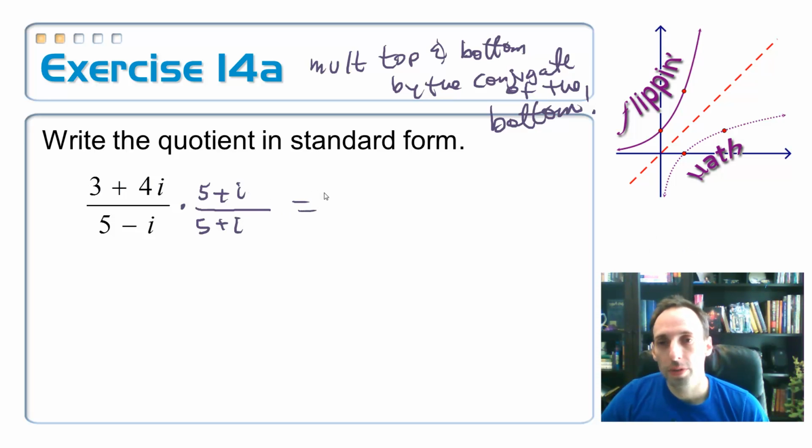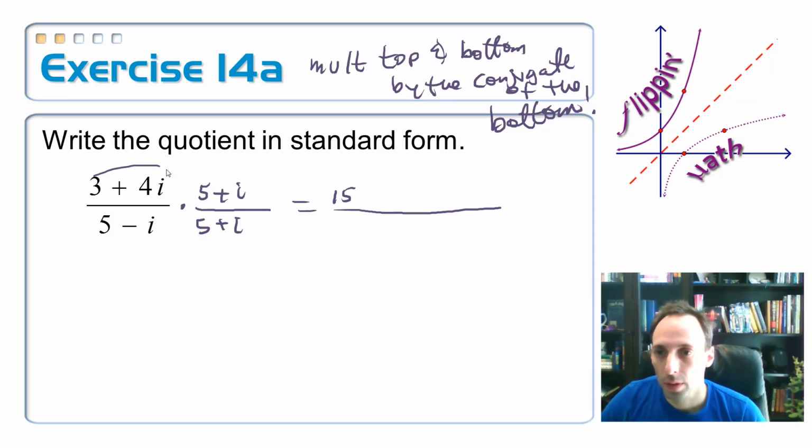So across the top it's just foiling. So 3 times 5, 15. 3 times i, 3i, plus 20i, and then finally 4i squared.